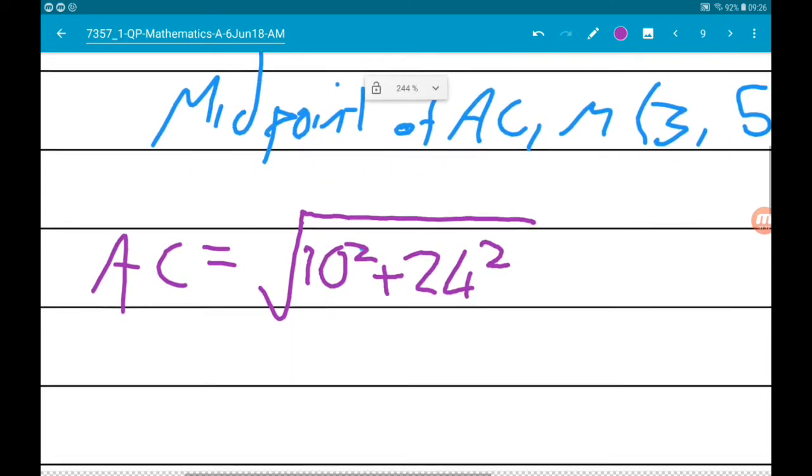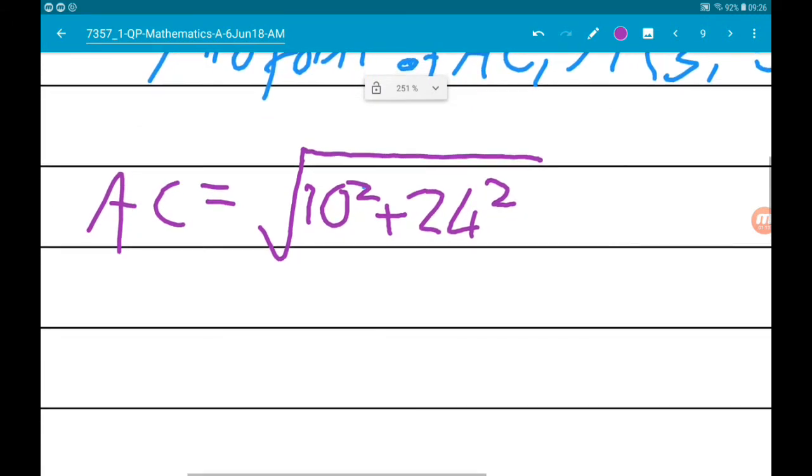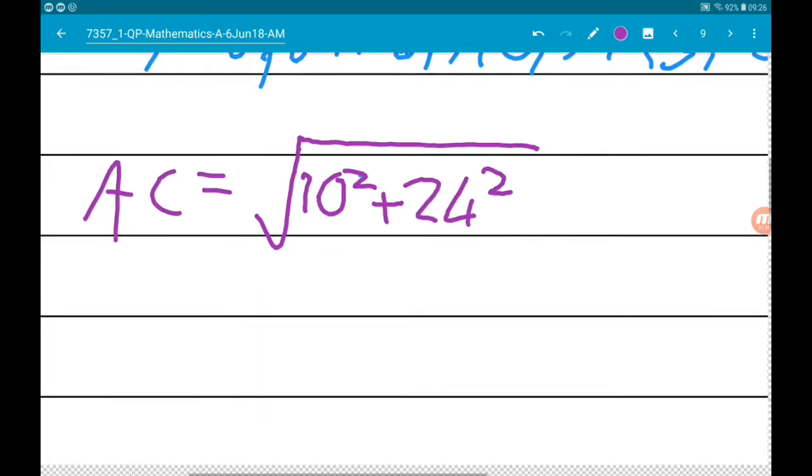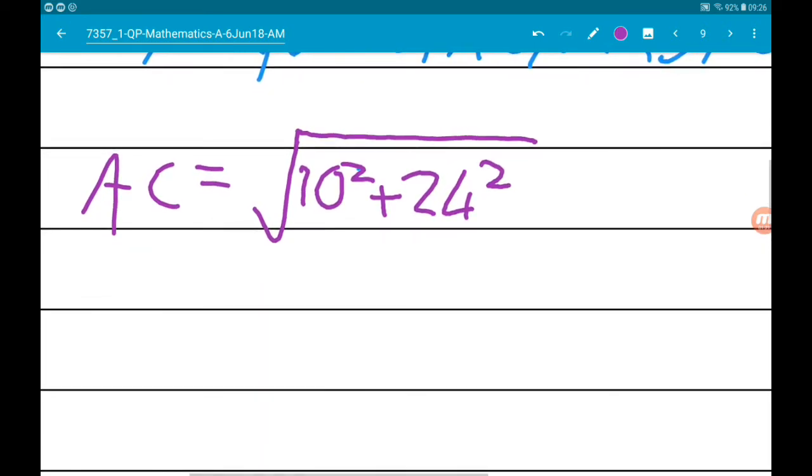Well, 10 squared is 100, 24 squared is 576.